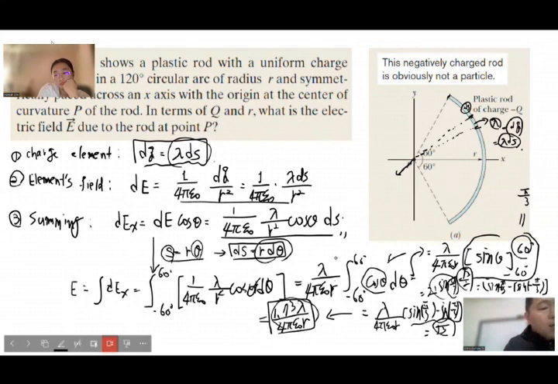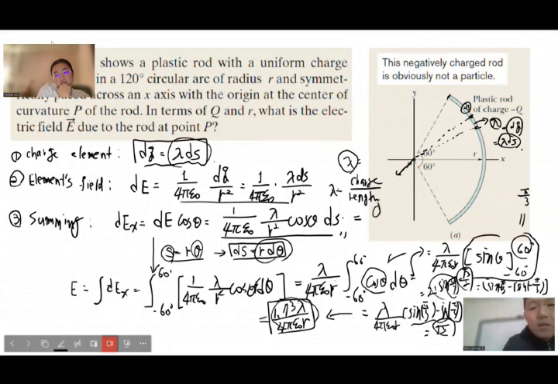change the lambda with the total charge, because lambda is just an intermediate variable to derive this formula. So lambda could be expressed with the total charge Q. Lambda is the charge density, so that means you divide the total charge by the length of the arc, and that should be the value of this line charge density.